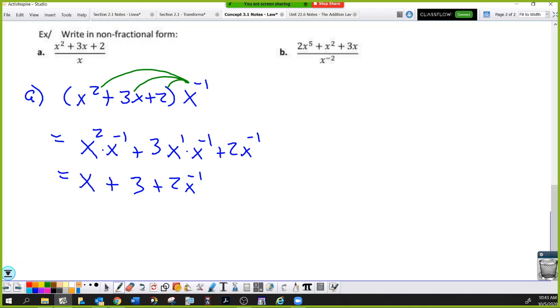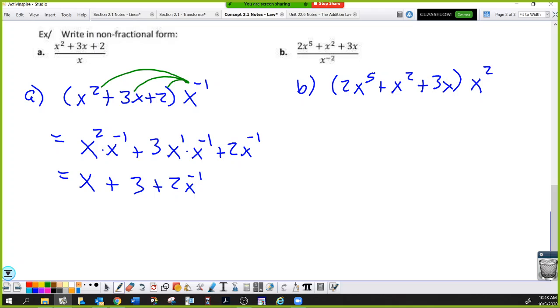And then part B is tackled in a very similar fashion. You see, what I did in part A was I moved that x to the top and said the exponent was negative, because I just multiplied the exponent by -1. Well, look at part B. If I take that x to the -2, bring it to the top, I get to multiply its exponent by -1. So this is actually the same thing as saying 2x to the 5th plus x squared plus 3x times x squared.